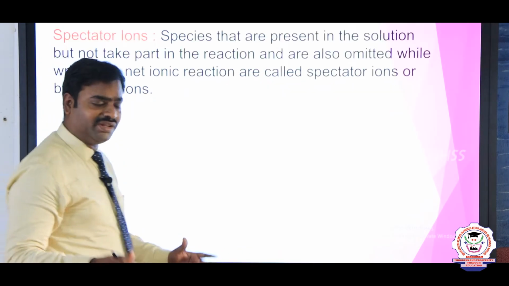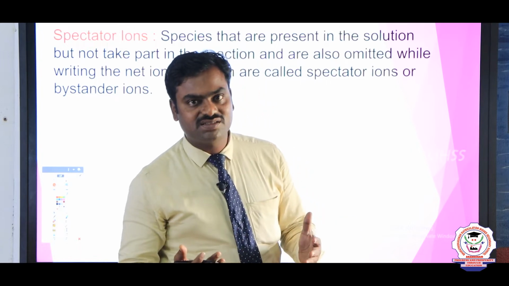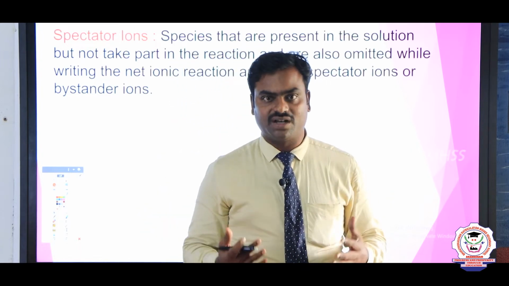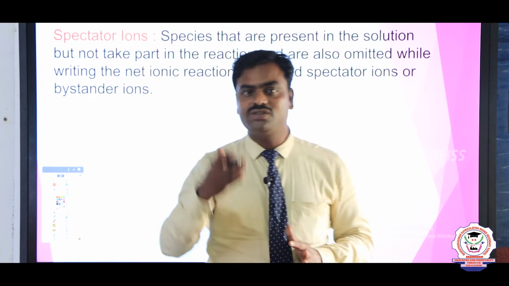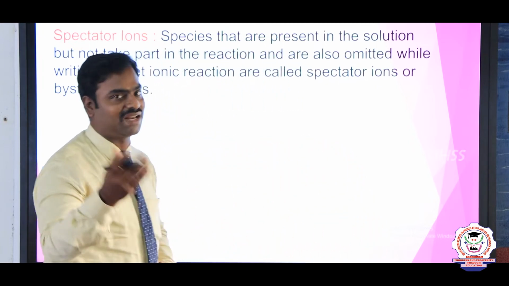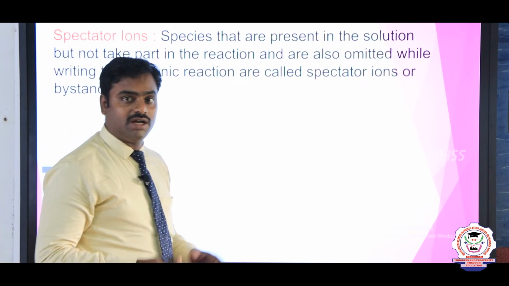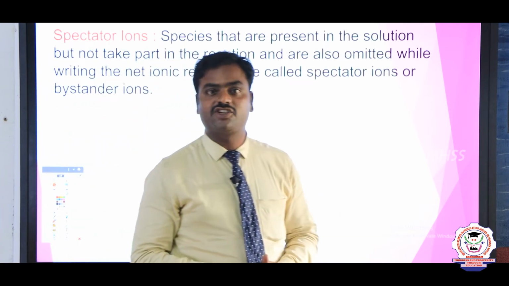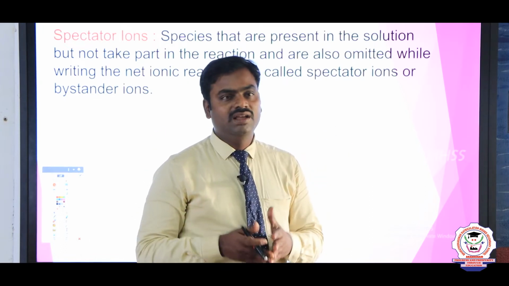And see, during a redox reaction, you may see some of the ions are not changing their oxidation number. They are as they are in the whole process. Those kinds of ions or molecules are called spectator ions. In a balanced chemical reaction, you can see these spectator ions, but we can remove them.